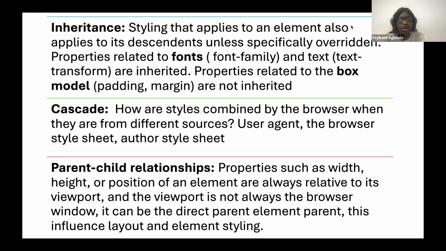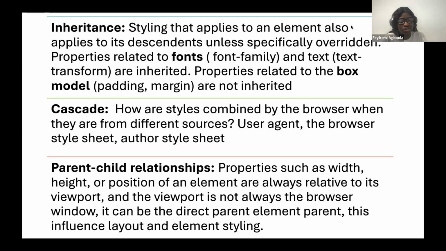For instance, if you check your paragraph, you have some styling from the browser. So the cascade combines all these styles, and it knows which one comes first and which one goes. So if you have the same styles in each of these, the cascade follows from top to bottom on all these styles.